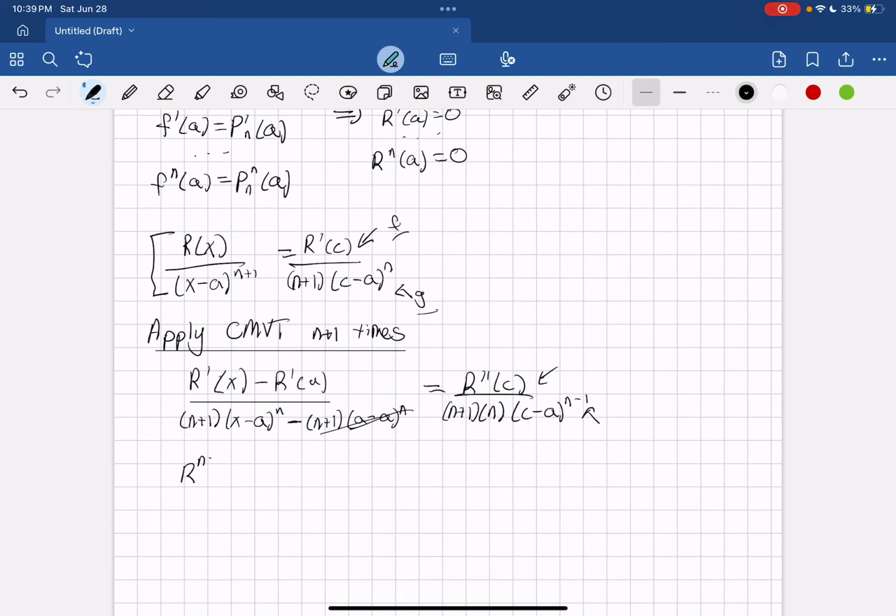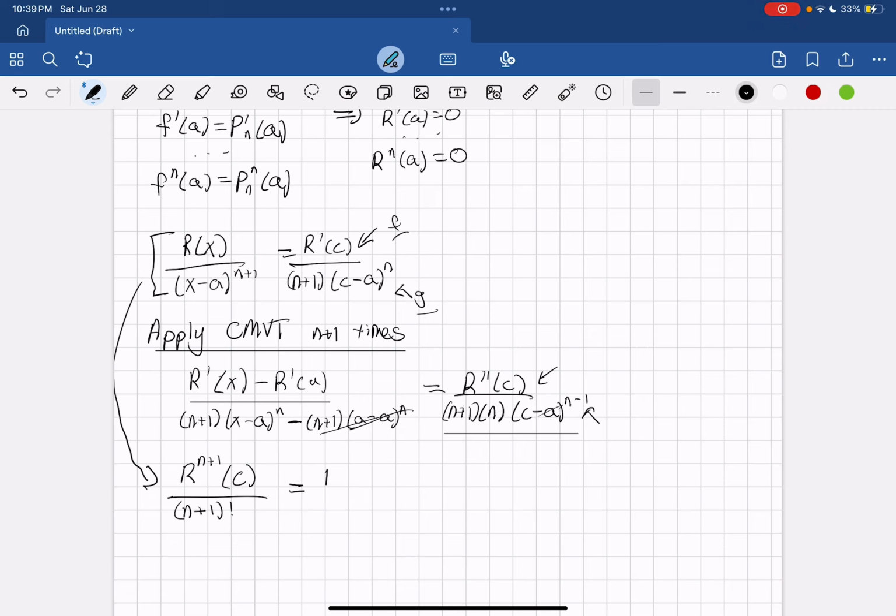r to the n plus 1 of c over n plus 1 factorial. Because this exponent in the bottom term is just going to continually come down until our c minus a term cancels. So this is what we have, and we know it equals this original function by Cauchy's mean value theorem.